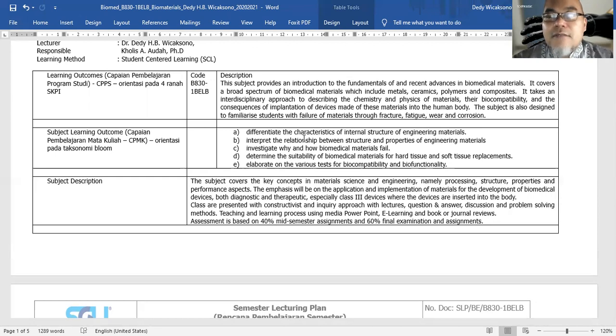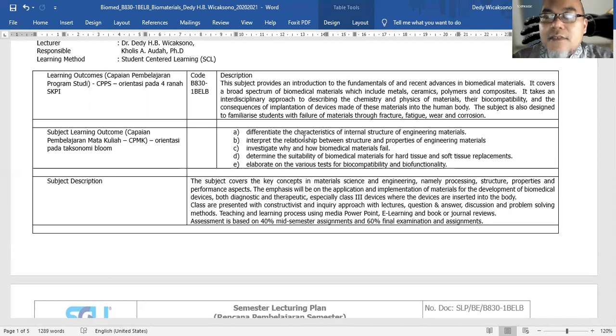We will basically still use the conventional method, online learning like this, with discussion, homework and quizzes, and 40% will be based on the mid-semester assignment, while 60% is based on the final examination and projects. So there will be a project, and perhaps the college will give you an assignment as well.